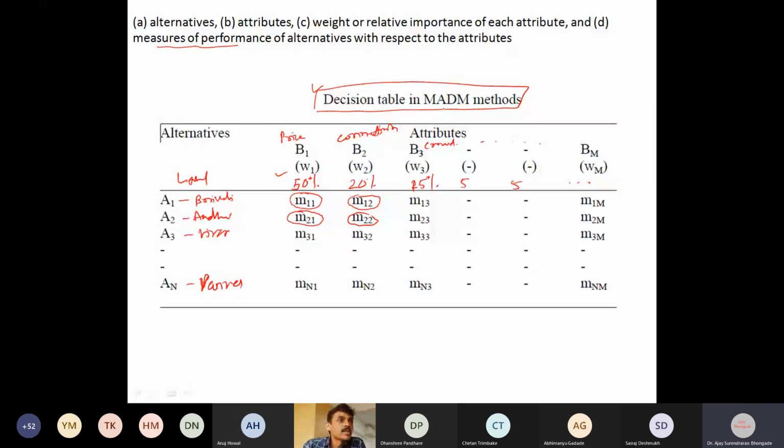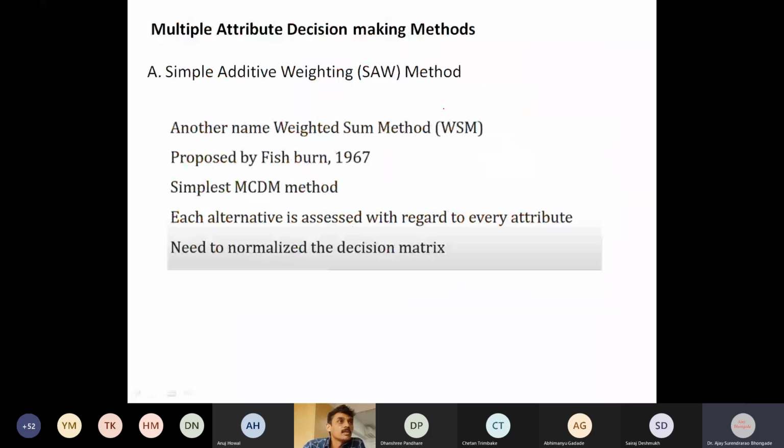So there are several methods which could be used for solving these MADM problems. One of the simplest types is called the simple additive weighting method, right? We simply use the weighting system. Another name is the weighted sum method, WSM. This was introduced by this fellow.